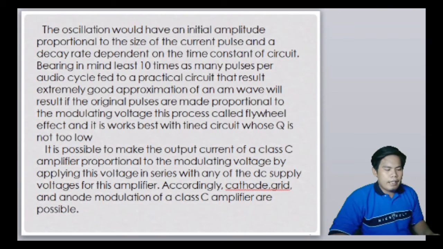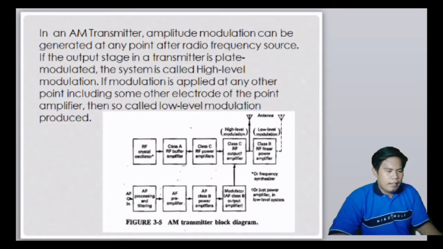It is possible to make the output current of a Class C amplifier proportional to the modulating voltage by applying this voltage in series with any of the DC supply voltages for the amplifier. Accordingly, cathode, grid, and anode modulation of Class C amplifiers are possible. In an AM transmitter, amplitude modulation can be generated at any point after the radio frequency source.